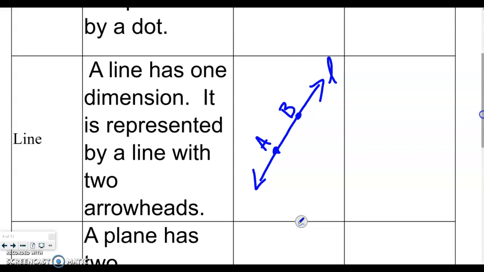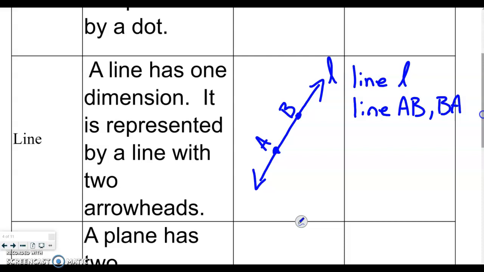So the notation of that, there are different ways we can name this. We can either say line L, line AB written out, but it could also be line BA. We can name it either direction. It doesn't have to be alphabetical.